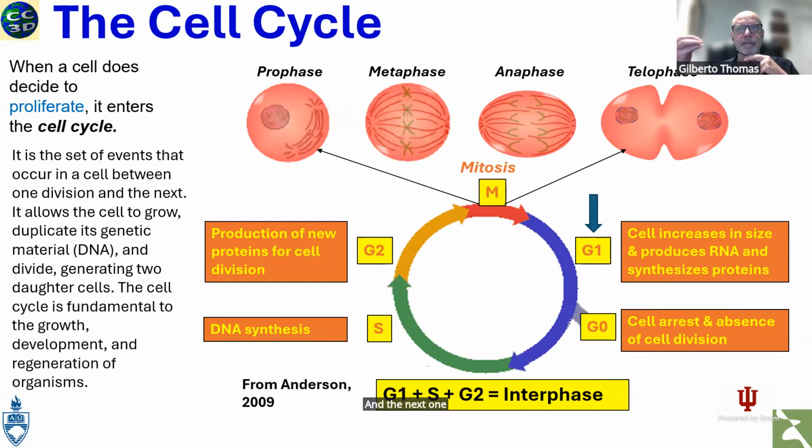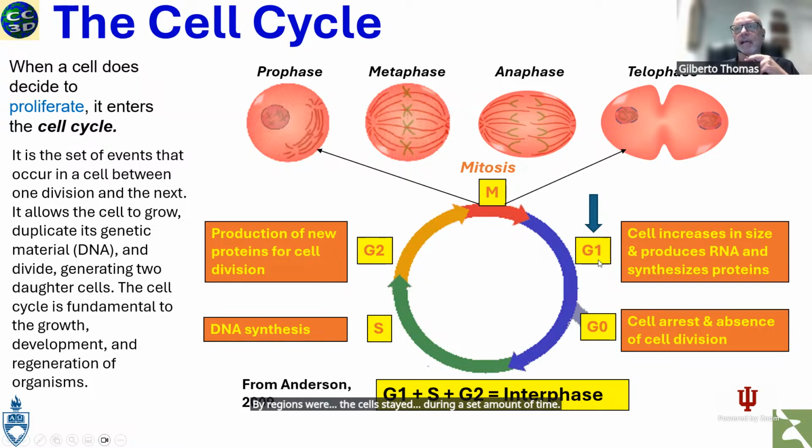I mean, the cell divides and then it starts a new cycle. During this cycle, it passes through a series of events, and these events are identified in this circle here by regions where the cells stay for a certain amount of time.